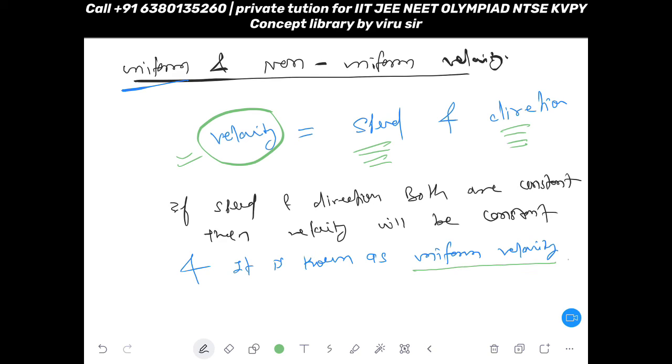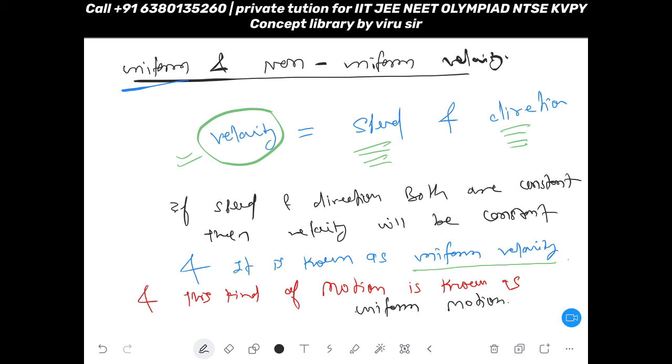This kind of motion is known as uniform motion. Copy down.